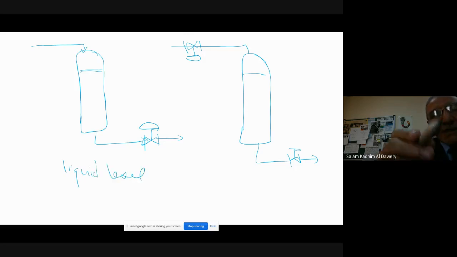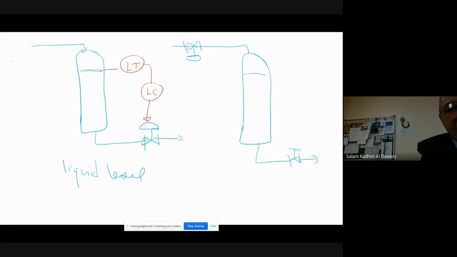You see, for this particular process, in a similar manner, we need a level transmitter. We need a level control. And that signal goes to the valve. Again, we have a level transmitter.